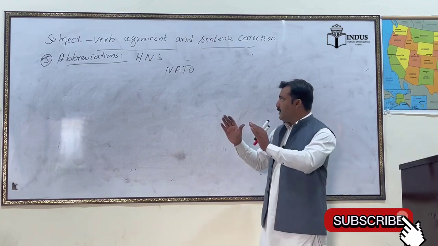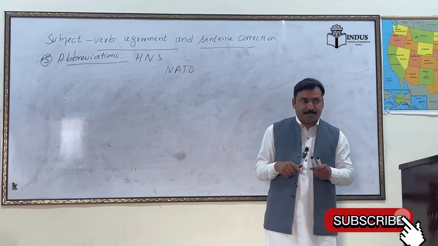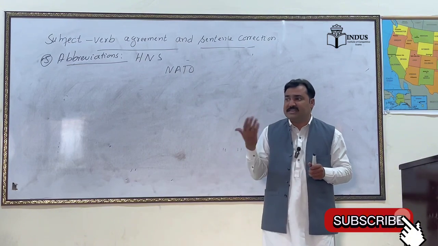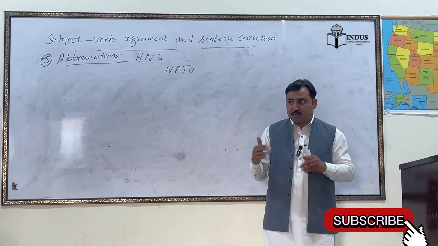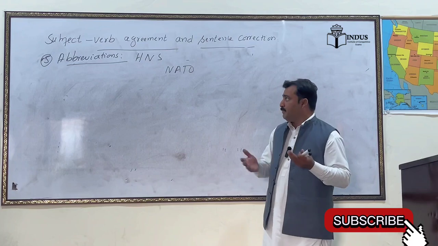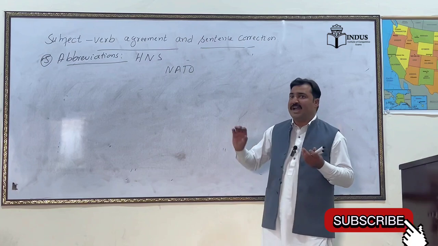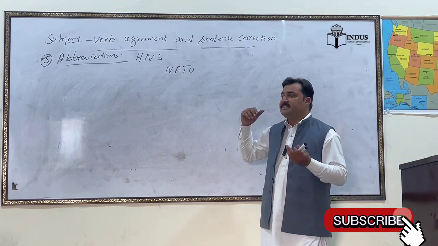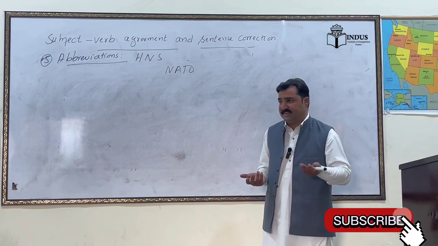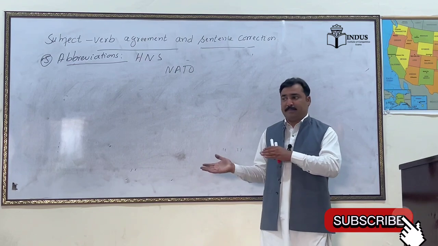When you say the abbreviation as a full name, it is called an acronym, and if you pronounce it through alphabets, it is called an abbreviation.